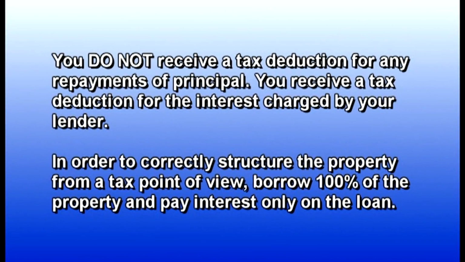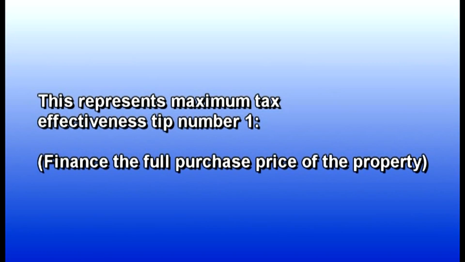Always remember that you do not get a tax deduction for any repayments of principal. So in order to correctly structure the property from a tax point of view, borrow 100% of the property and pay interest only on the loan. This represents maximum tax effectiveness tip number 1. Finance the full purchase price of the property.